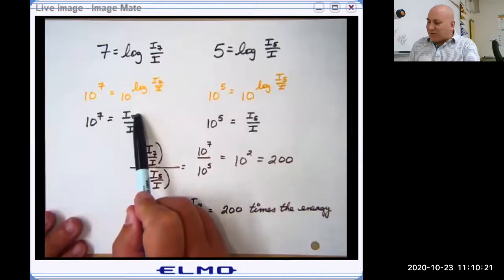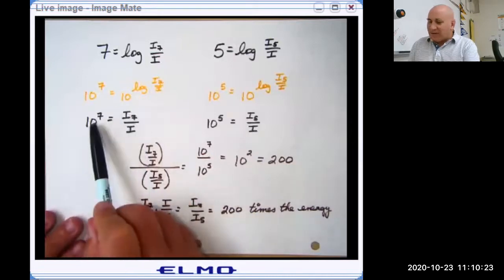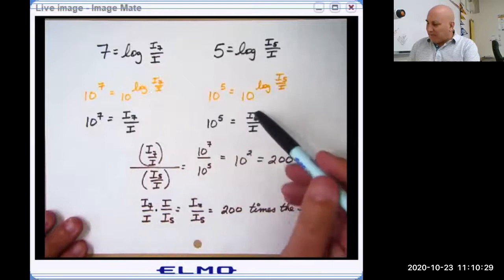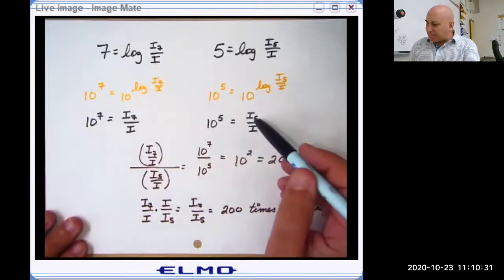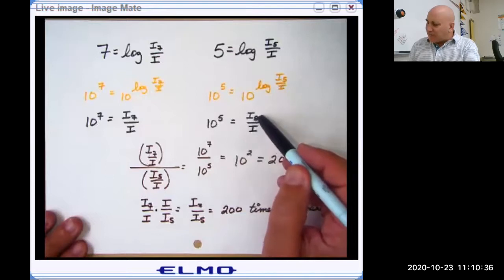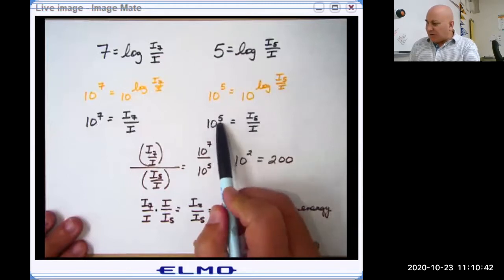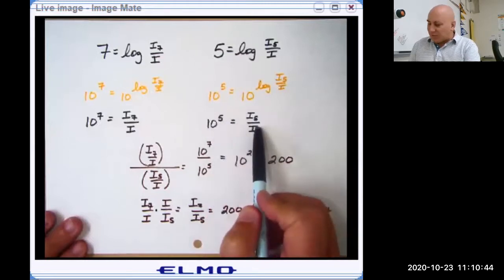a magnitude 7 earthquake has 10 million times the energy release of the most minimal earthquake. And a magnitude 5 earthquake has 10 to the 5th, what's that, 100,000 times the energy of the minimal earthquake.